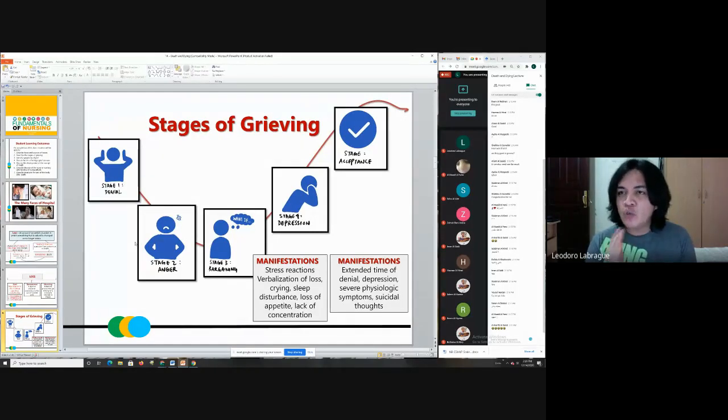And as a nurse, you need to recognize at which stage the patient or the family is in the grieving process. You need to identify where the patient is now in the grieving process. And why do you need to learn that? Because in each stage of the grieving process, there is a corresponding nursing intervention that you can provide to your patient.